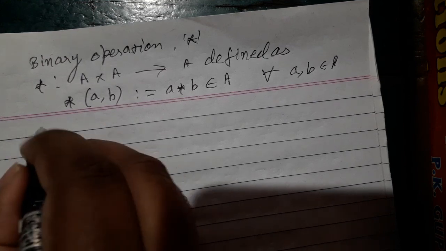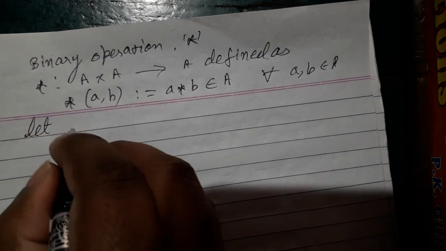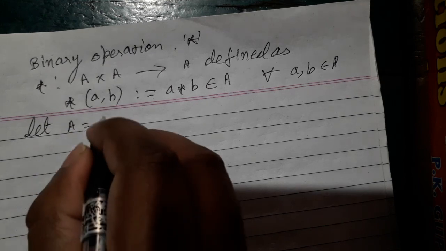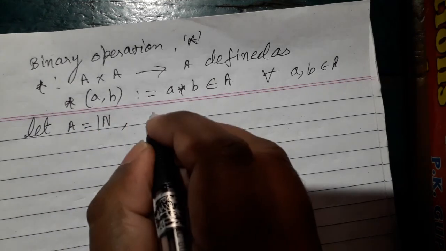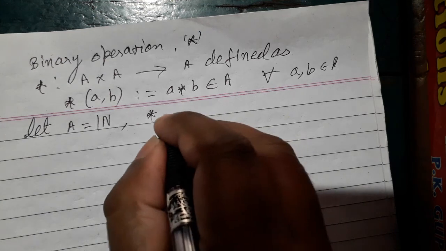Let me take one example. I'm taking A to be the set of natural numbers, and star I'm denoting as plus.